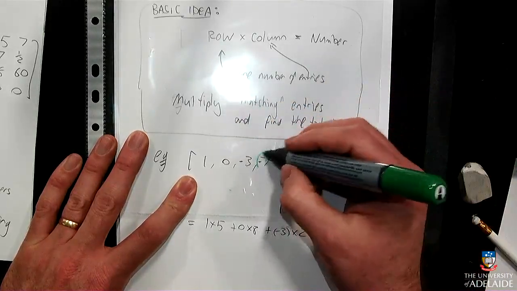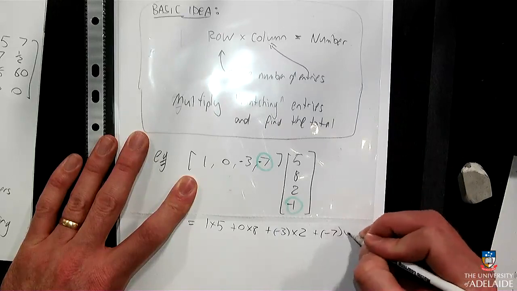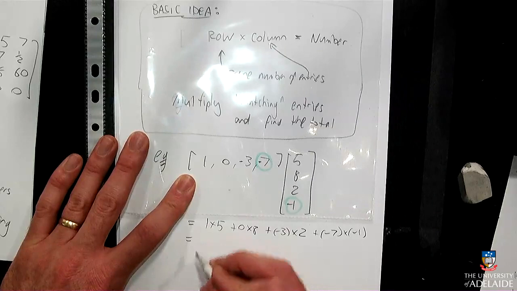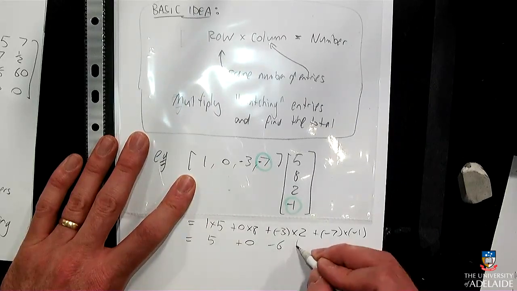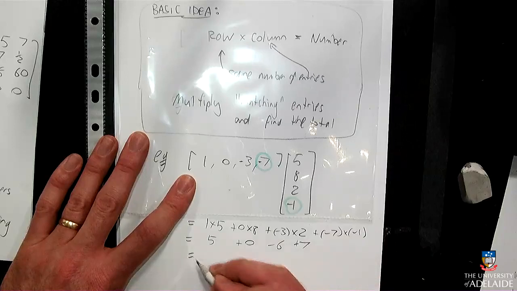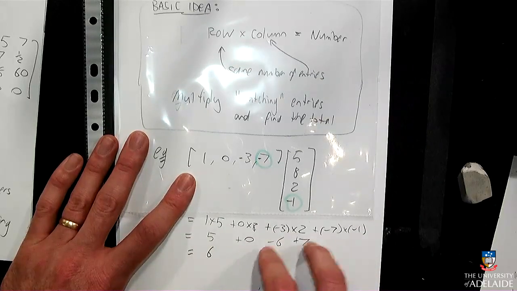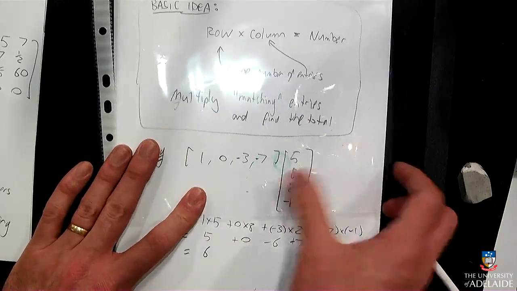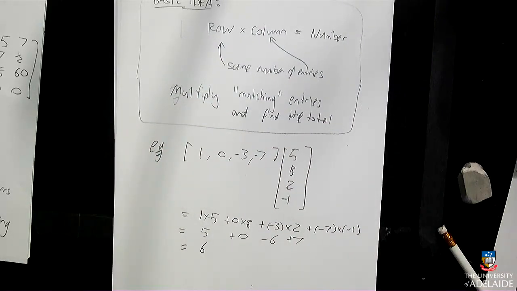And then the last entry and the last entry is minus 7 times minus 1. And we add all those answers together. So we have 5 plus 0 minus 6 plus 7, and so we end up with 6. So minus 6 plus 7 is negative 1, 5 minus 1 is 6. Okay, that's what happens when you multiply a row and a column. You get a single number.